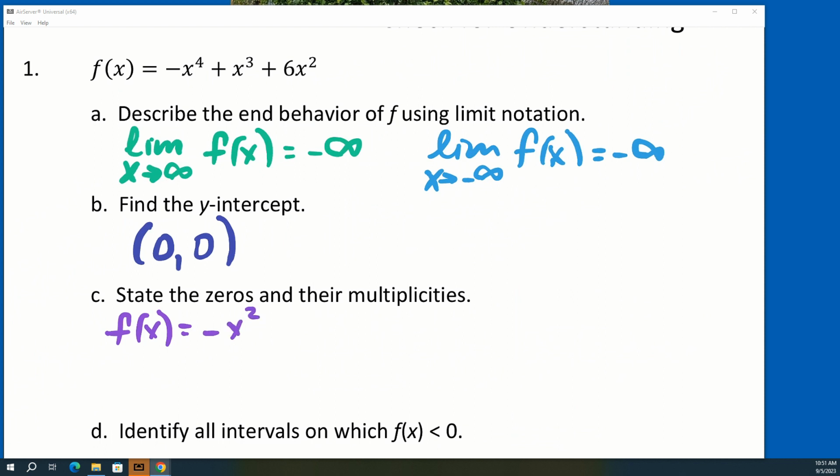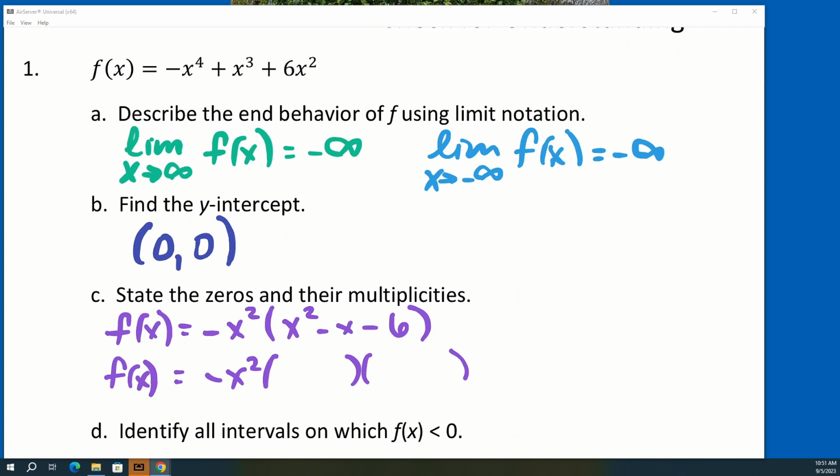Factor out a negative x squared. Right, and then we're just going to factor this trinomial by doing x and x, different signs. And then we want to multiply to get 6 and subtract to get 1, or negative 1. What do y'all think? 2 minus 3. Good job.